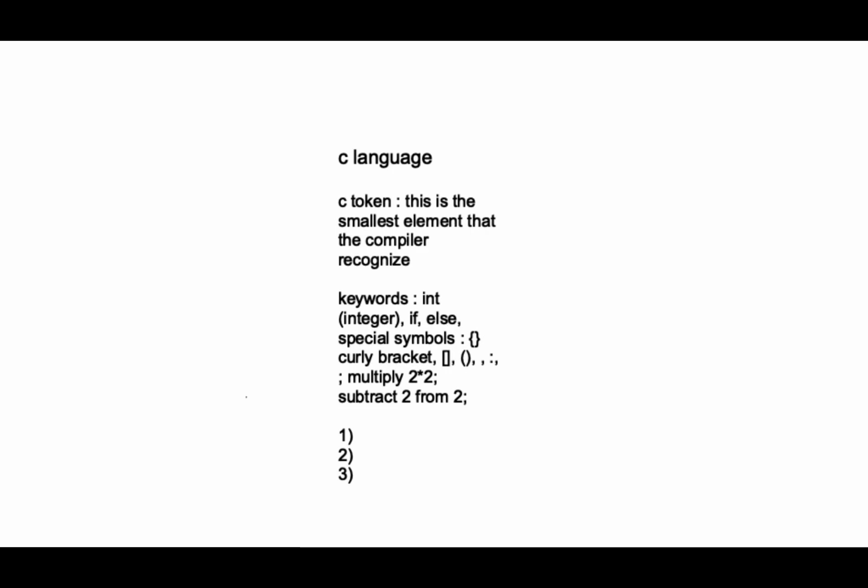Also all these symbols, like the explanation of the semicolon, how you use it at the end of a statement, is just like a full stop in English. In English we use a full stop. A full stop means you've completed your statement and you're about to start another statement. In C language we don't use a full stop, we use a semicolon.